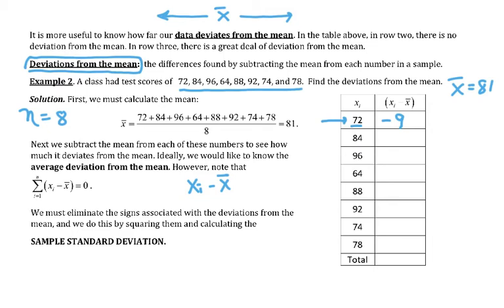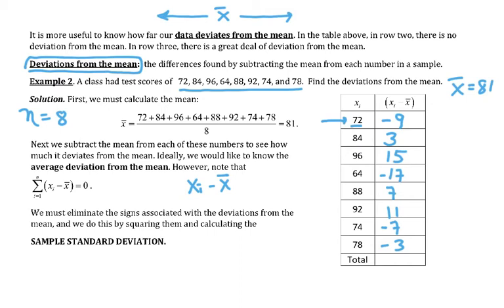So take each one and do this. 84 minus 81, well, that's positive 3. 96 minus 81, 15. 64, I get negative 17. 88 minus 81 is 7. 92 minus 81 is 11. 74 gives me a negative 7. And negative 3 for the last one.